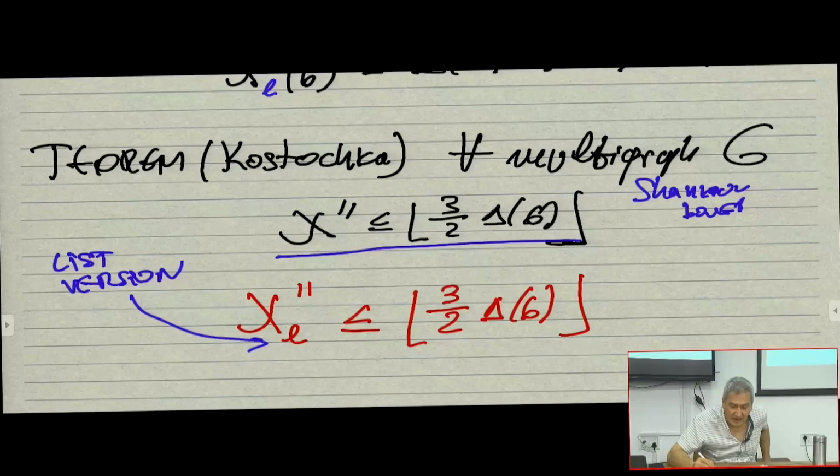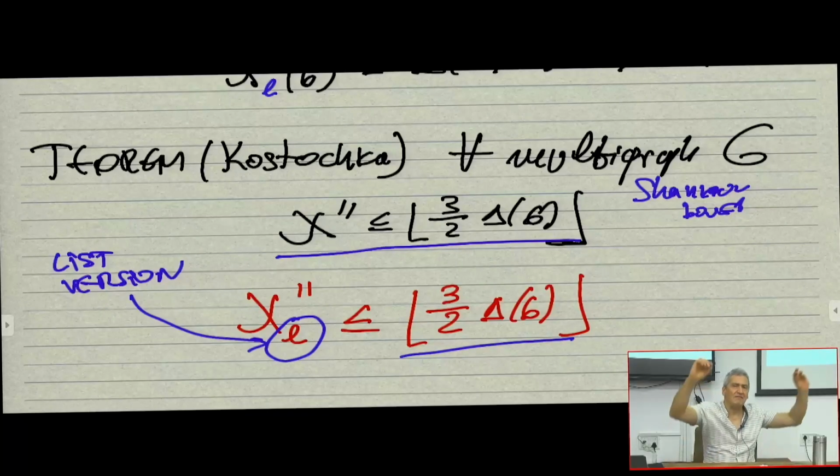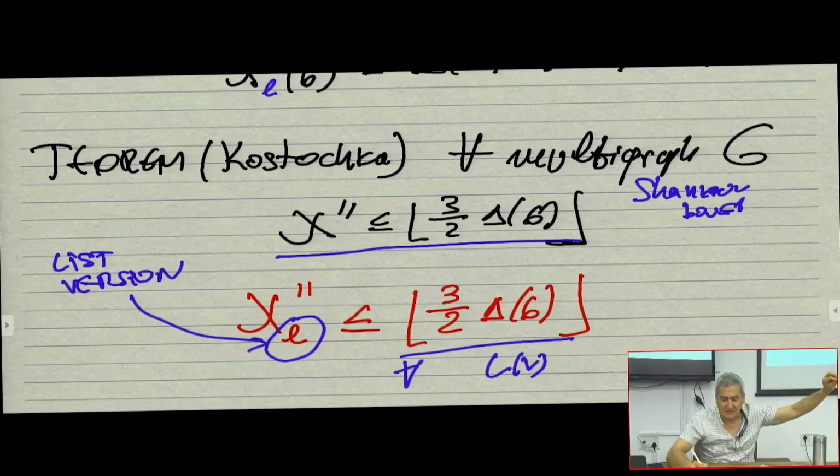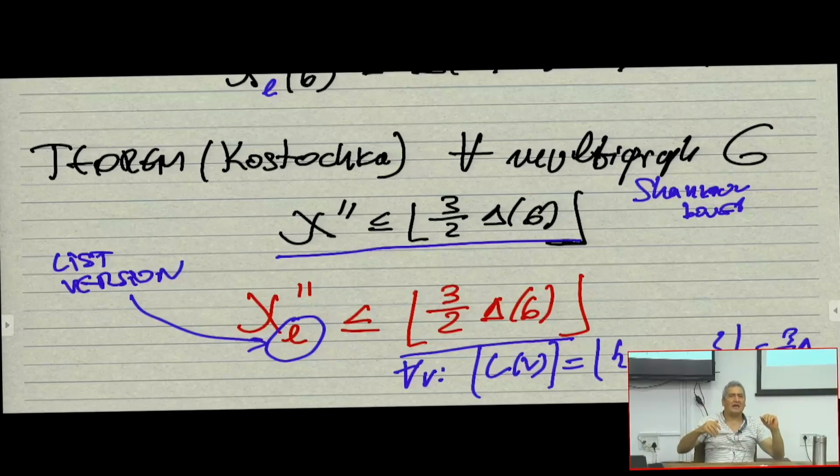Now I wonder, is anybody proving this with L? A total list coloring of the multigraph with so many colors. Every vertex has its own list of colors of size, let's say, 3/2 delta. And can we do it as total list coloring? The lists may be different, of course, for different vertices. That's your homework for the afternoon.